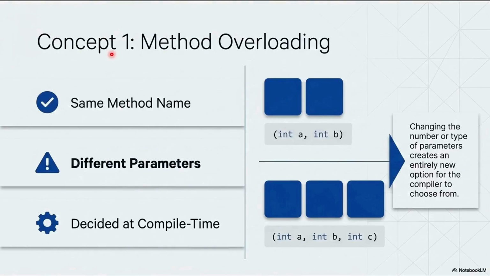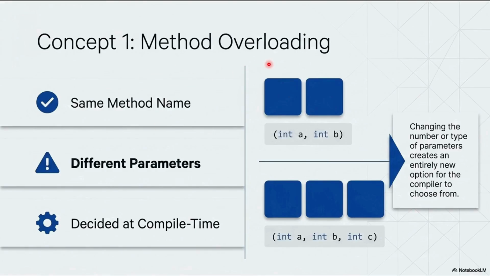Concept one is method overloading. As we have seen in the previous video, it has the same method name. That's the first rule, but different parameters. Same method name but different parameters, and it is decided at compile time. So which method to call is decided during compile time and not at runtime.